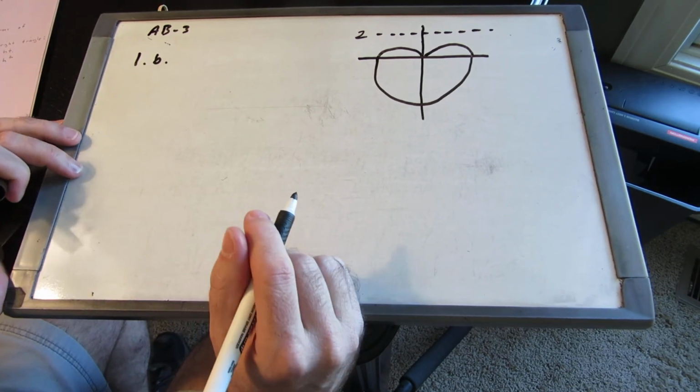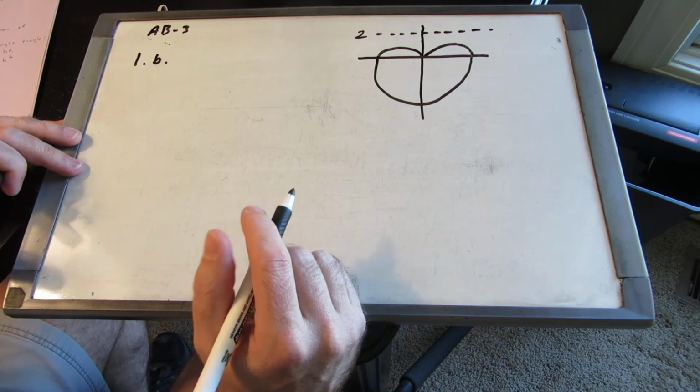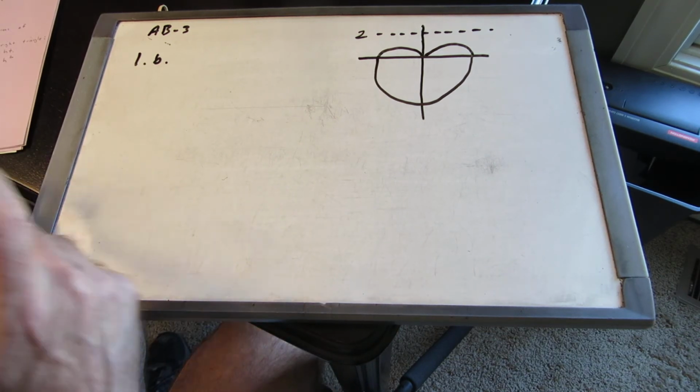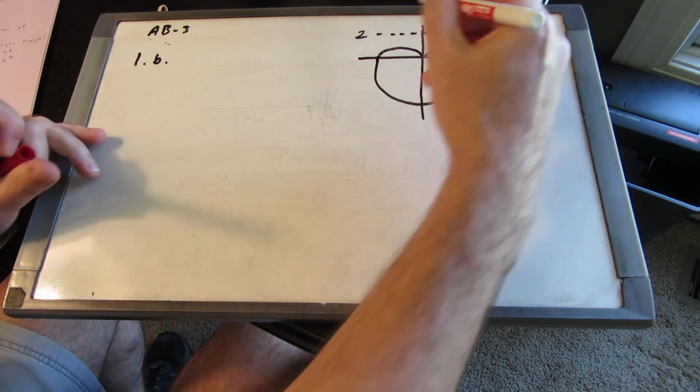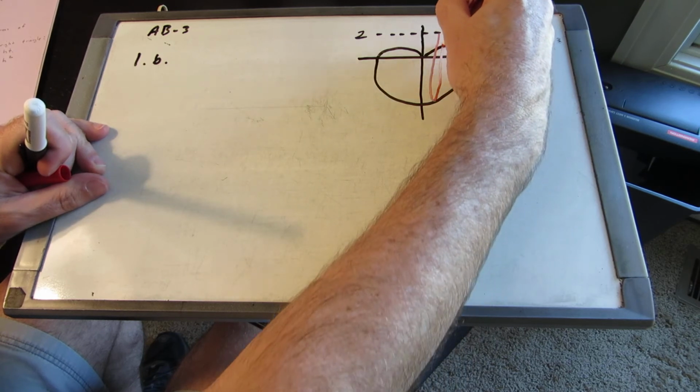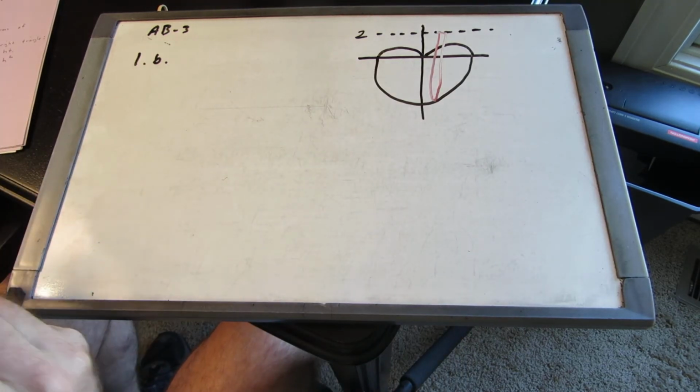Okay. So you'll need to get an inner radius and an outer radius. Here's our, you can't see that probably very well. Need to get a new red one.